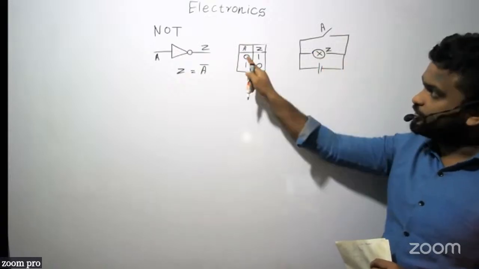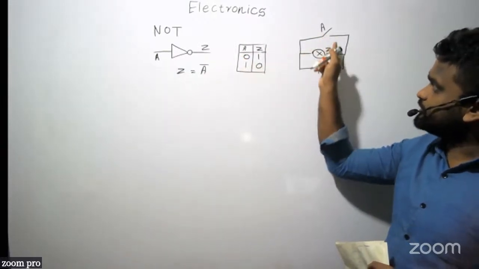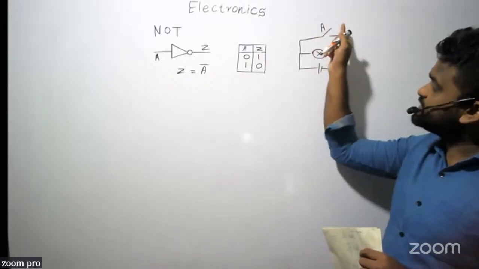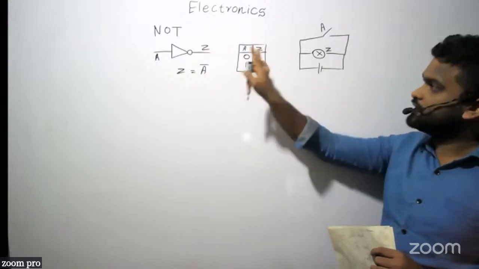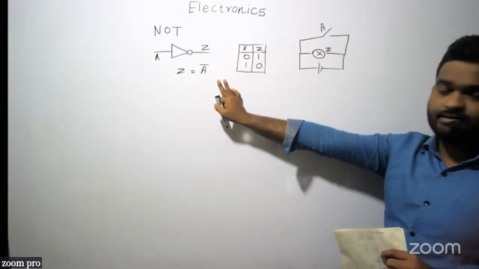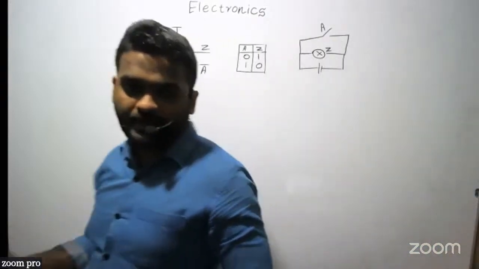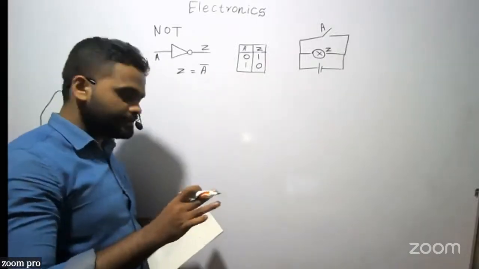So A is 0 means switch off, then the bulb turns on. If A is on, then the bulb switches off. So this circuit explains the NOT gate. That is the first type of gate. Take down notes as I'm explaining.